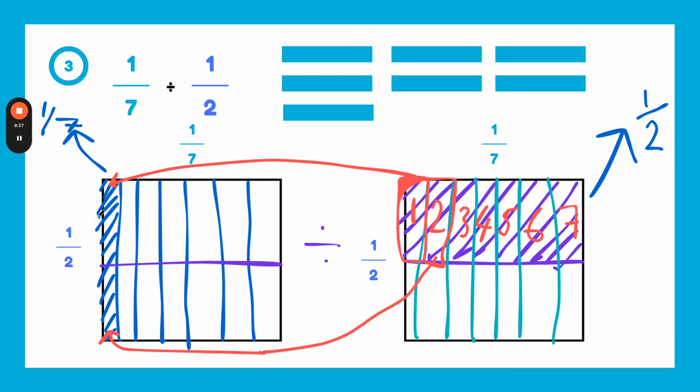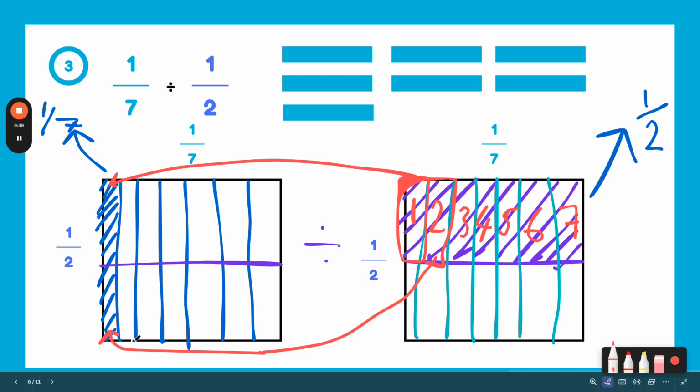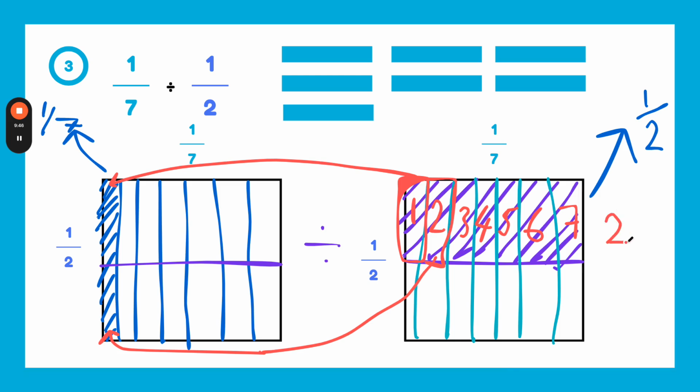into our first square over here, which means out of the whole there are 2 out of the 7 pieces which have managed to fit into our first square over here.